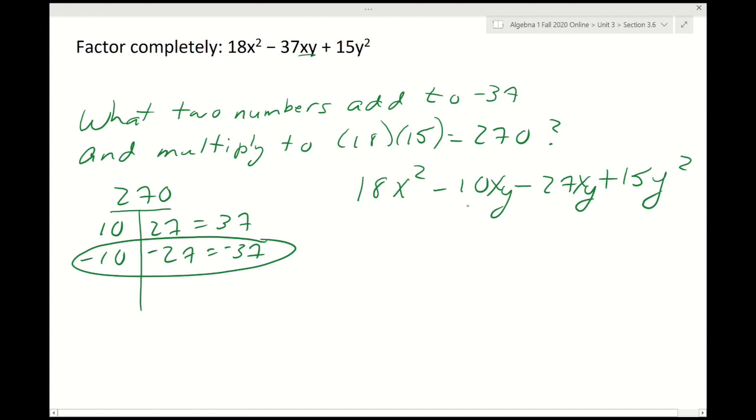If we have an 18x squared and a negative 10xy, we know we have a 2x in common. It leaves me with 9x minus 5y. If I have these two in common, I know that I have a 3y.